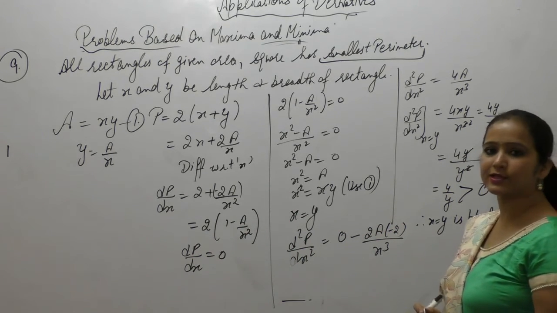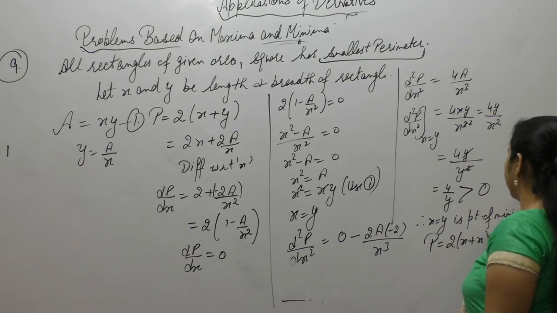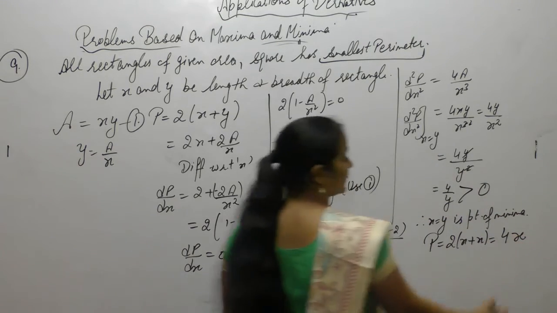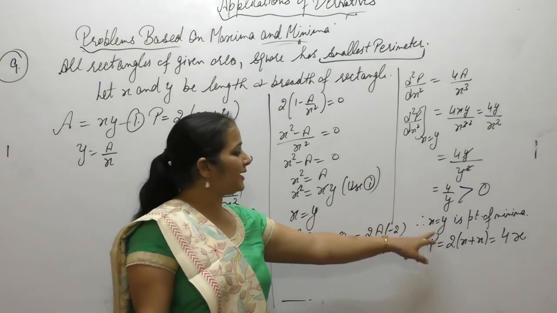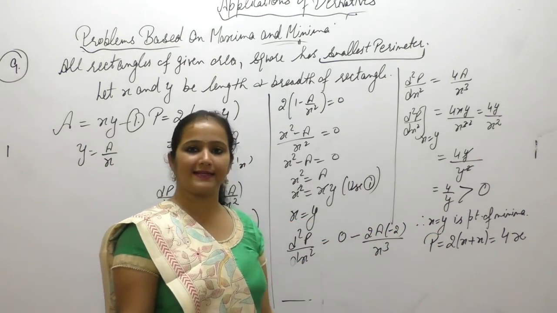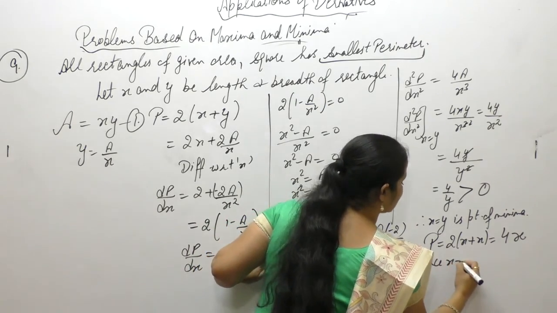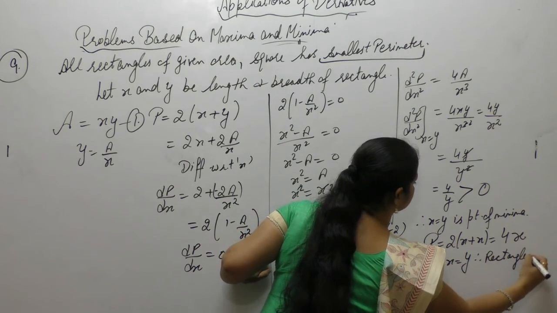And if x and y become equal, then what value of perimeter do we get? 2 into 2x, that is 4x. And what is the perimeter of a square? 4 into side. If x and y are equal, it means the rectangle is a square. Since x is equal to y, therefore the rectangle is a square.